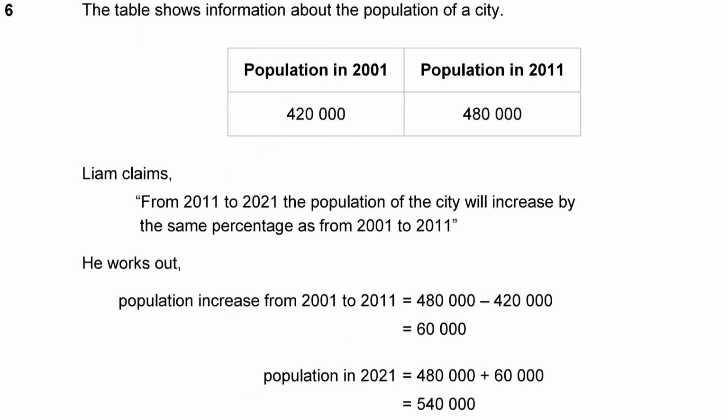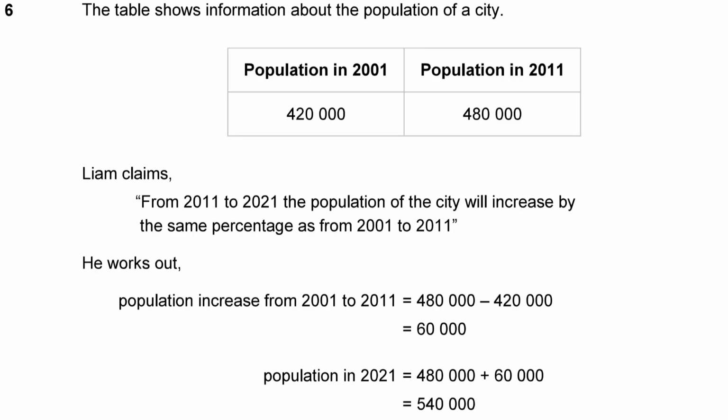Question 6. The table shows information about the population of a city. And we can see the population in 2001 was 420,000 and the population in 2011, it's gone up. It's now 480,000. Liam claims from 2011 to 2021, the population of the city will increase by the same percentage as from 2001 to 2011.